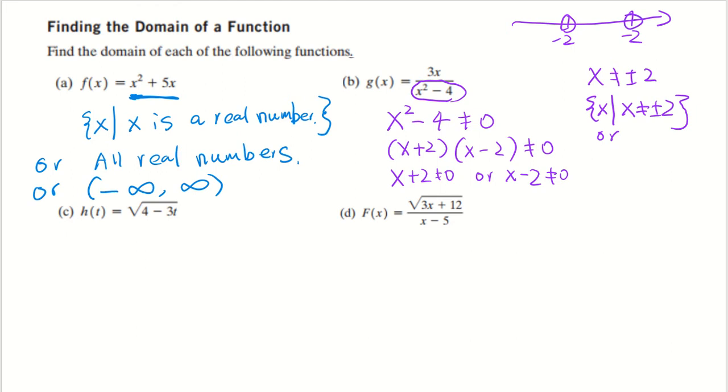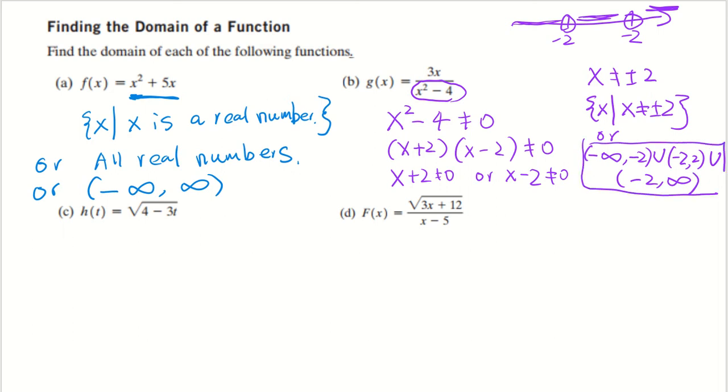So this interval will be from negative infinity to negative 2, which is this part, union this middle part, which is negative 2 to 2, and union this part, which is 2 to infinity. So this is another way to write your solution.